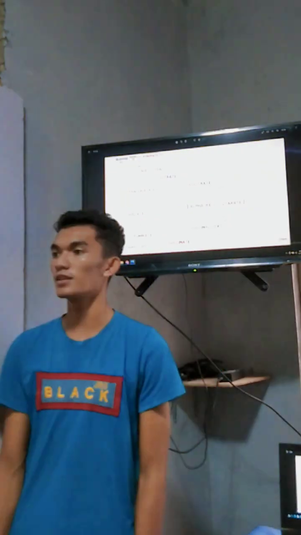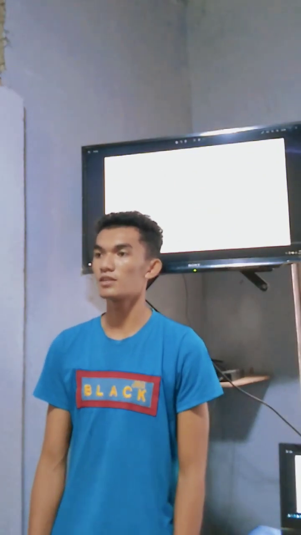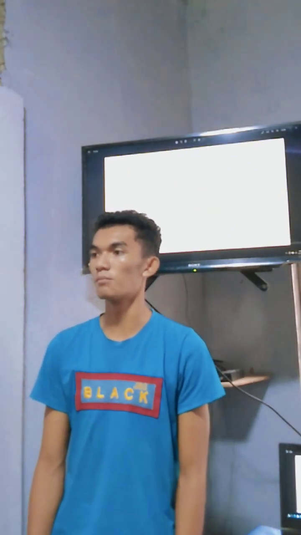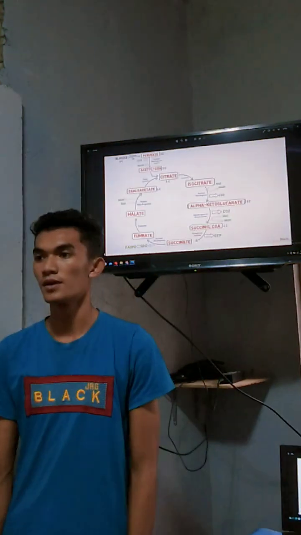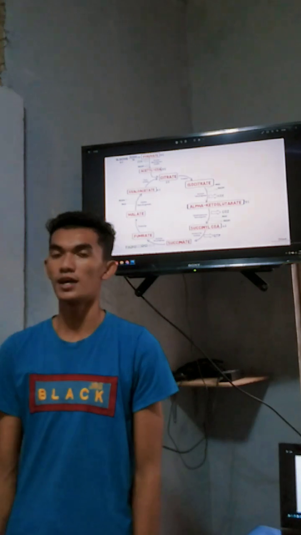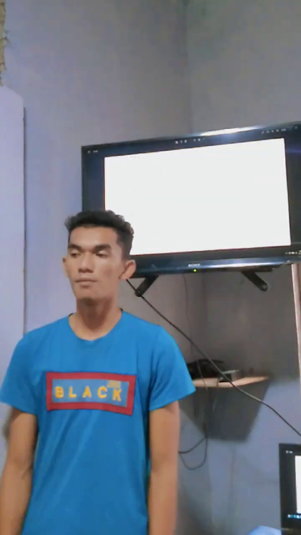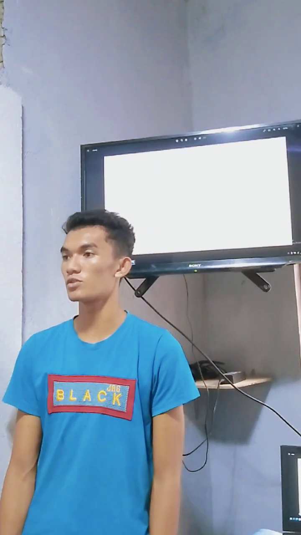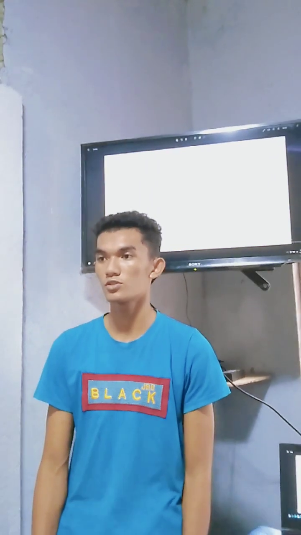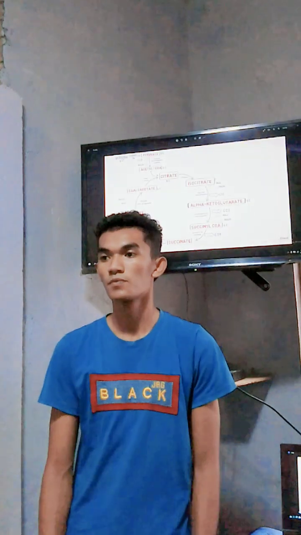In the next step, the succinyl-CoA is converted into succinate by the enzyme succinyl-CoA synthetase. In this reaction, a molecule of GTP is generated. Next, succinate is converted into fumarate by the enzyme succinate dehydrogenase. In this reaction, a molecule of QH2 is generated, which is used for the production of FADH2.